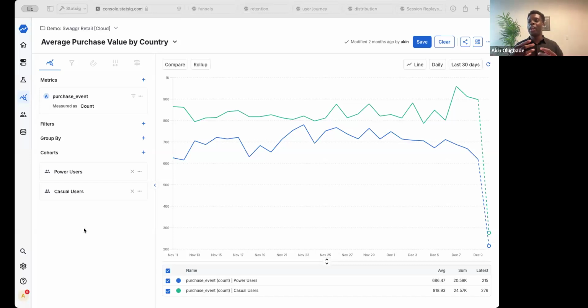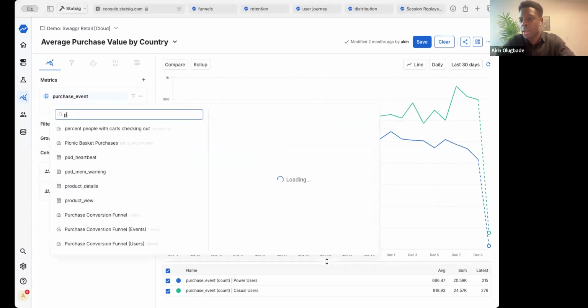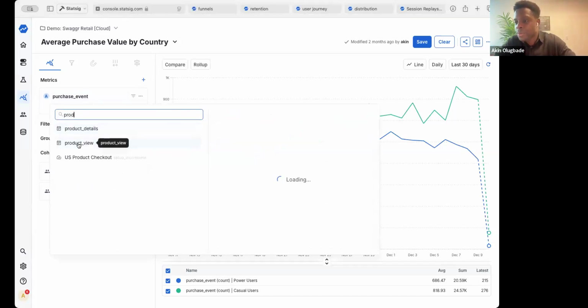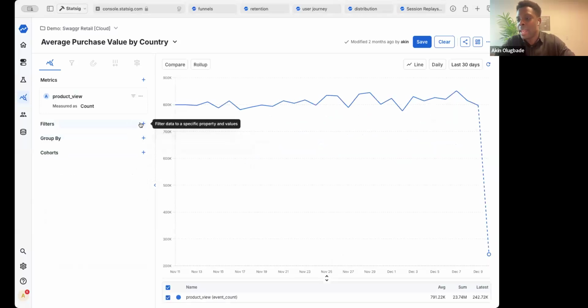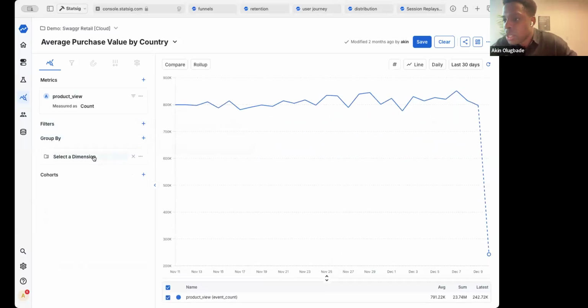And a great way to think about user properties is any context that you might want us to know about that action, right? So when you have something like a purchase event, you can look at the different, or maybe let's do this one, product view. Let's break this down by some properties, and we'll just say, look at the product.